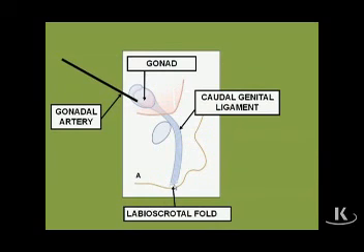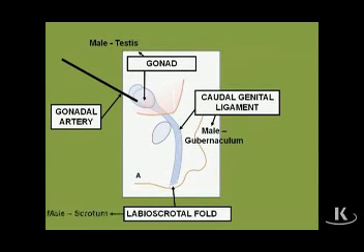So we can summarize what we've just said on this slide by saying that in the male, the gonad will become the testis, the caudal genital ligament will become the gubernaculum, the labioscrotal fold will become the scrotum, and the gonadal artery, or now testicular artery, will reach the testis in the spermatic cord.